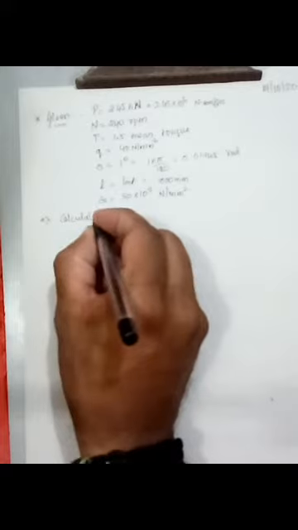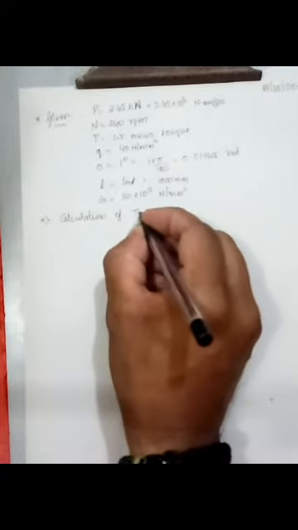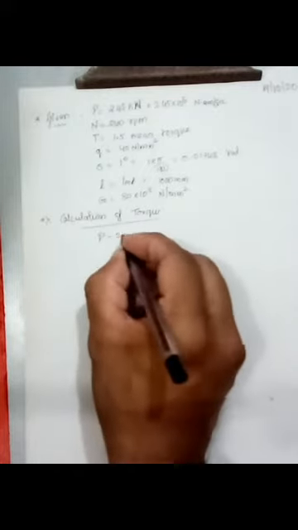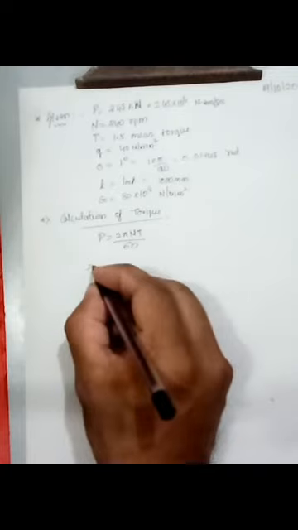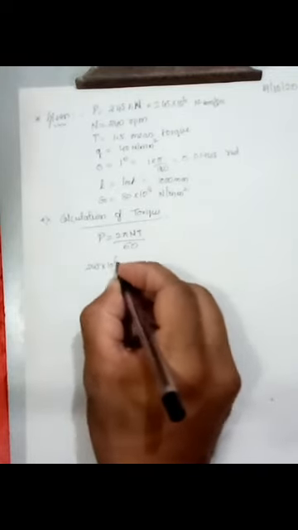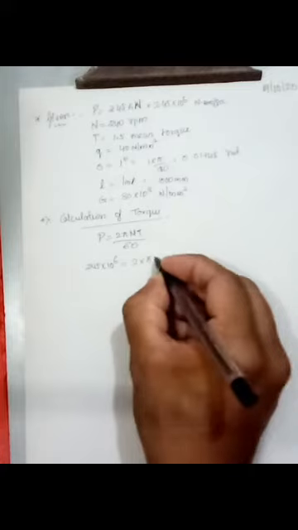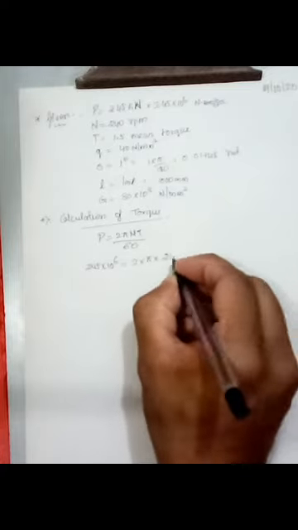Now first of all we'll go for the calculation of torque. The same step: power P is equal to 2 pi N T by 60. Power we know, 245 into 10 to the power of 6, 2 constant, pi constant, N they have given as 240 rpm, T we need to find, and 60.